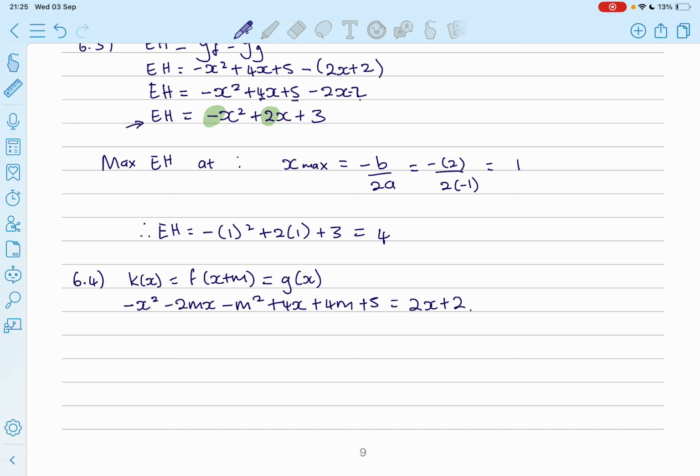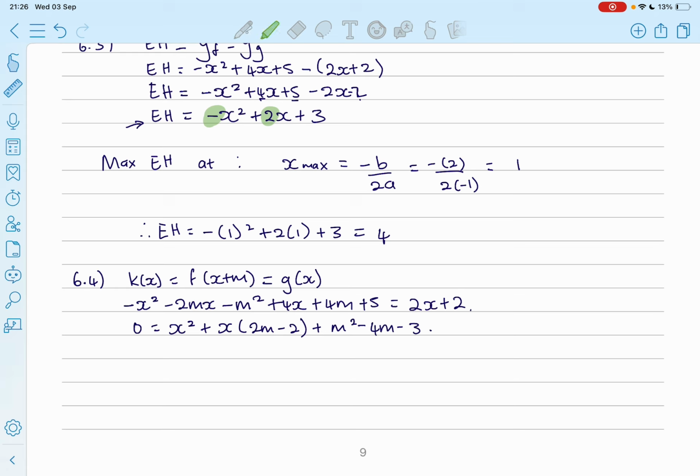So then we'll end up with 0 is equal to x squared plus, and then we've got 2 terms with m, so we can factor out x and then have 2m minus 2, and then we'll be left with m squared minus 4m minus 3.